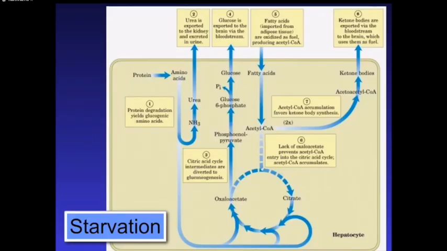What happens in terms of the body processes when you undergo starvation? Before you even get to starvation, even in normal conditions, after extended times of exercise, the body will start to mobilize fats and mobilize protein degradation.